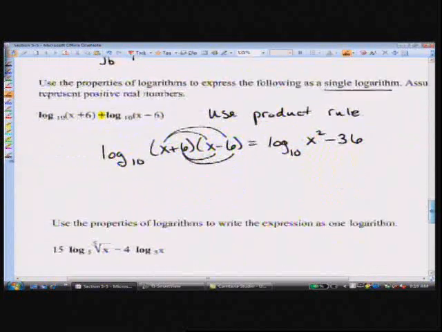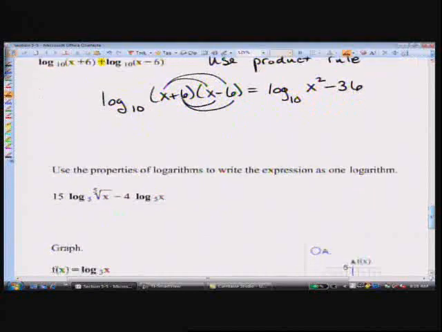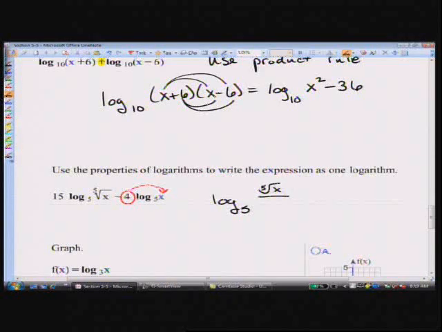Okay? Now let's use the properties of logarithms and then see if we can find a graph of this next one. Okay, this one's going to be pretty complicated. We've got a power rule and, let's see, I'll pull this up into the front. So this will be the log base 5 of the 5th root of x divided by 5th root of x minus log base 5 of x to the 4th.